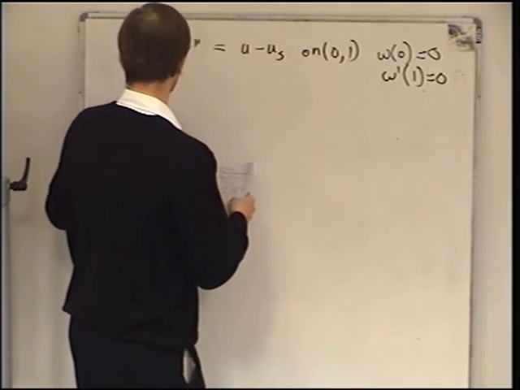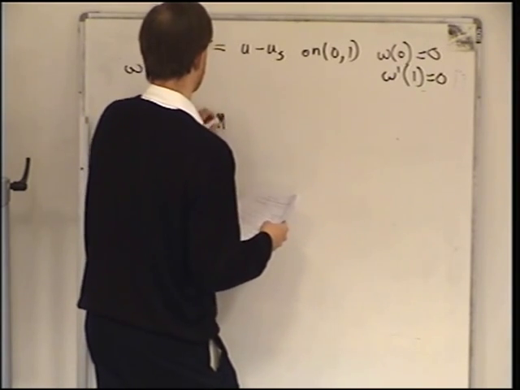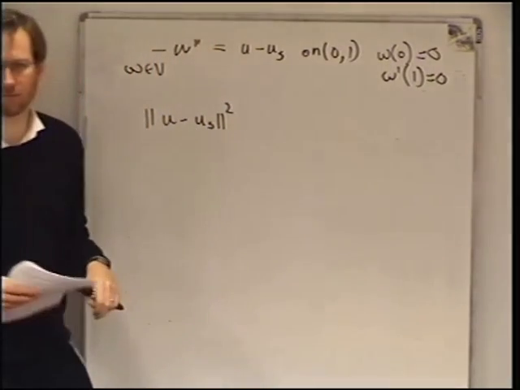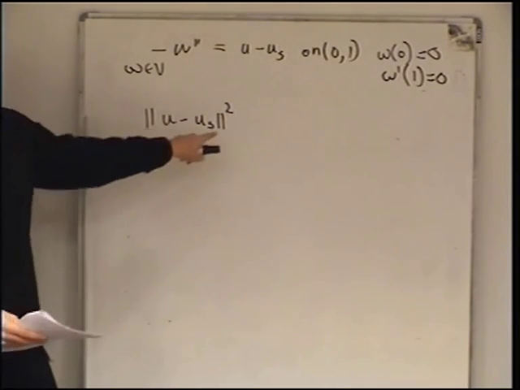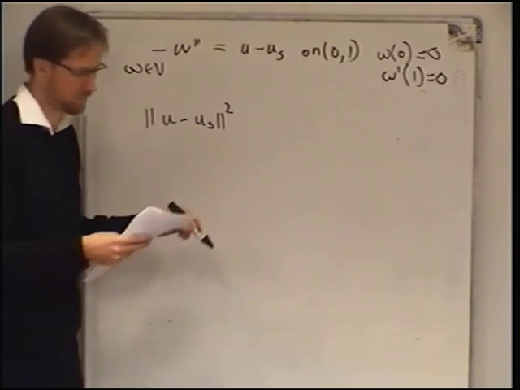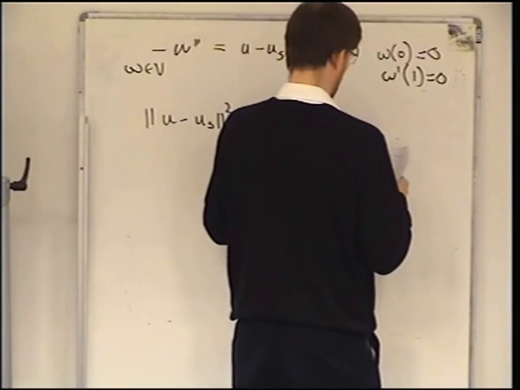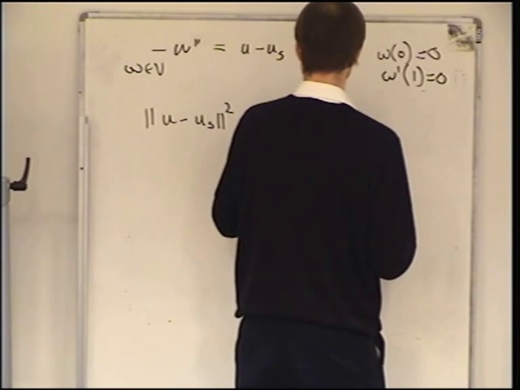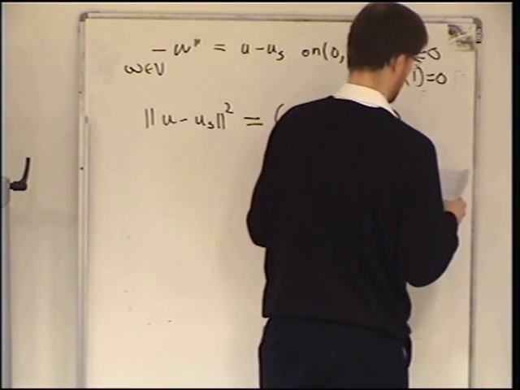So what we do is we say, let's look at how big the L2 norm is. To satisfy the pedants from last week, I'm not writing L2 down there because it's in some sense the natural norm on these function spaces. And so that is equal to the L2 inner product of U minus US, U minus US.